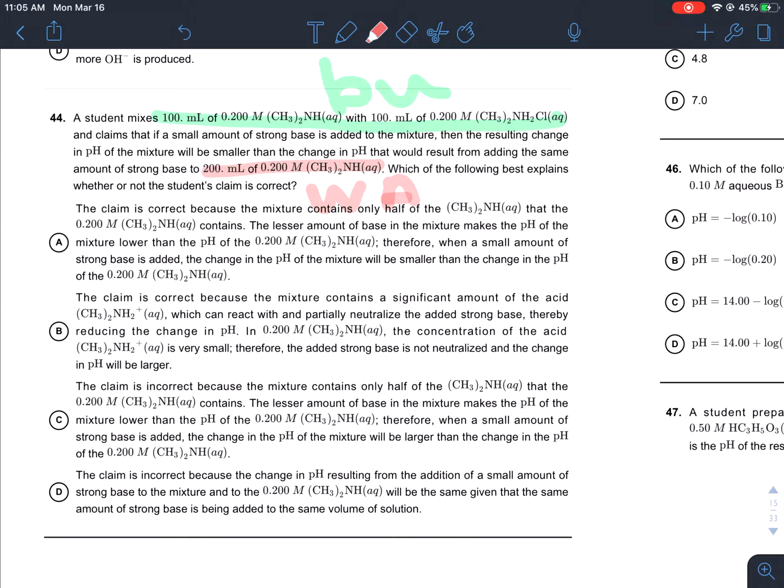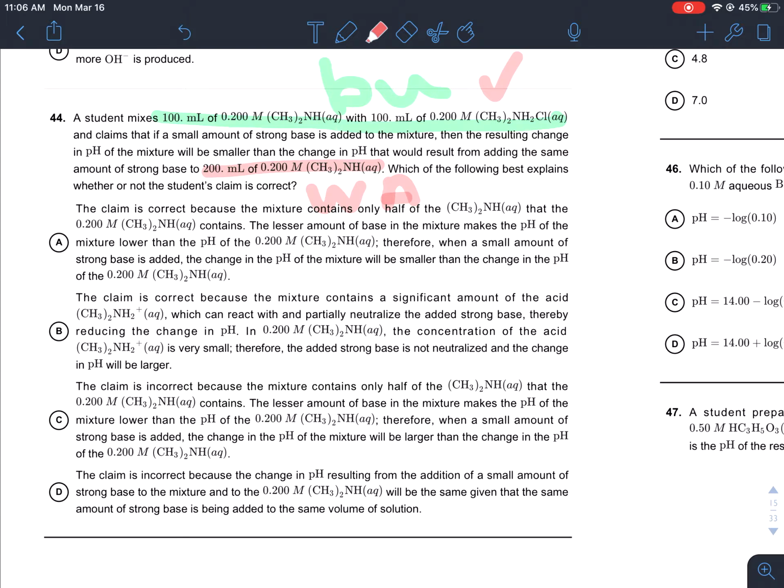So the student here is correct because if you add a strong base to both of these things, the buffer is going to accept it without changing very much. So the correct answer was B. The claim is correct because the mixture contains a significant amount of the acid, which can react with and partially neutralize the added strong base, thereby reducing the change in pH.